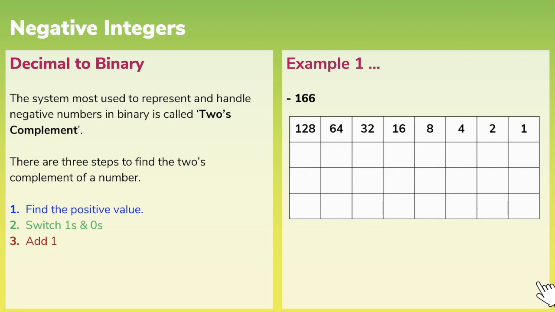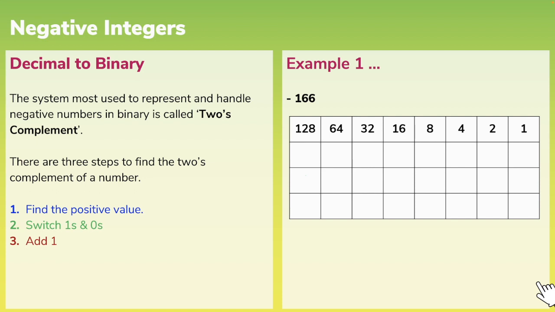When we're storing negative numbers, or negative whole numbers specifically, we use a method of representation called 2's complement. And there are 3 steps to convert a negative decimal whole number to a 2's complement binary number. These 3 steps are, firstly, we find the positive value.